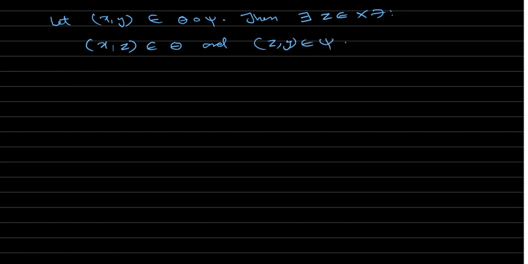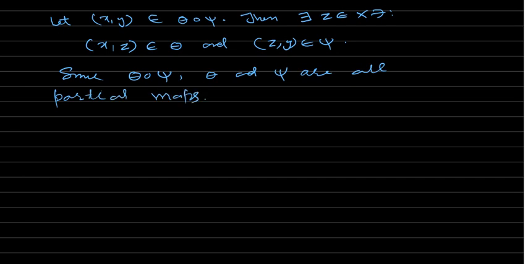Since theta composition psi, theta and psi are all partial maps, the image is unique. y is the image of x under theta composition psi.